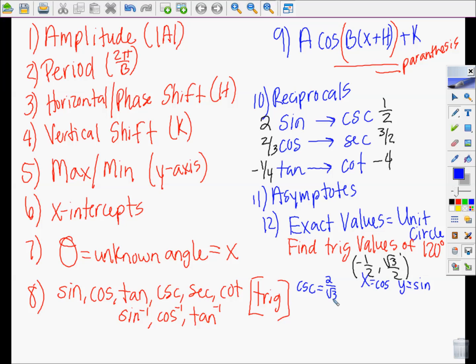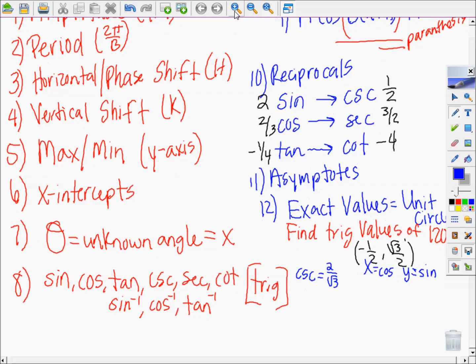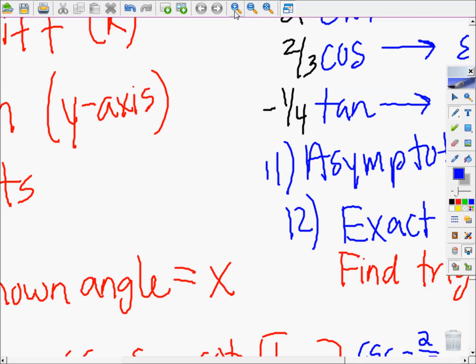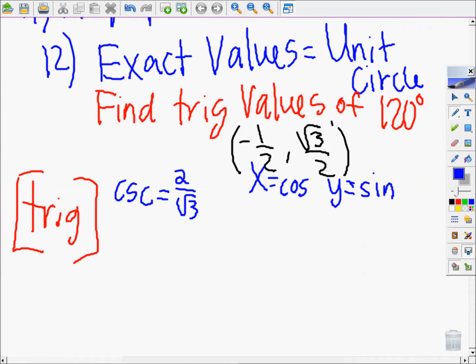Can I have that? No, I have to rationalize it. I have to multiply it by the square root of 3. So I end up with 2 square root of 3 over 3. So now I know the cosecant.